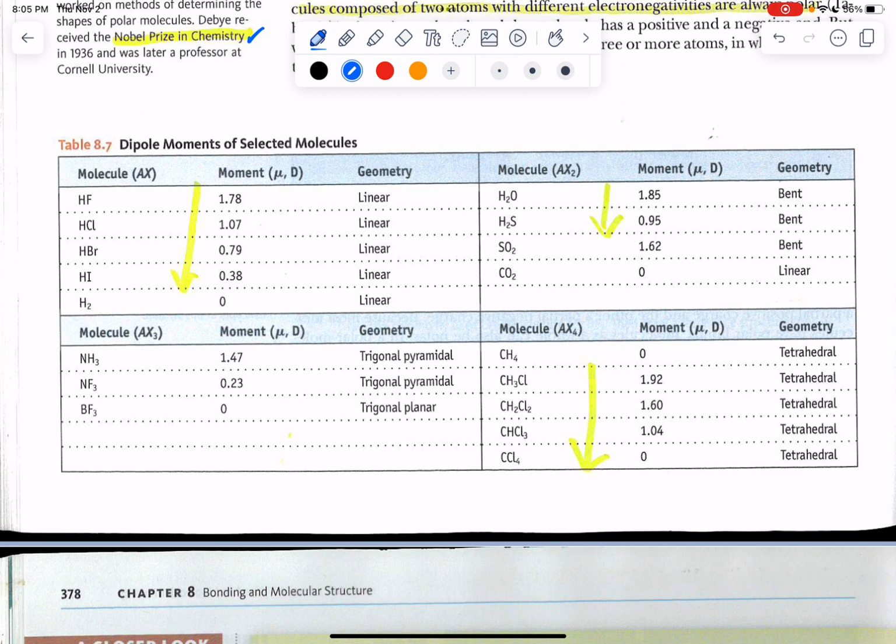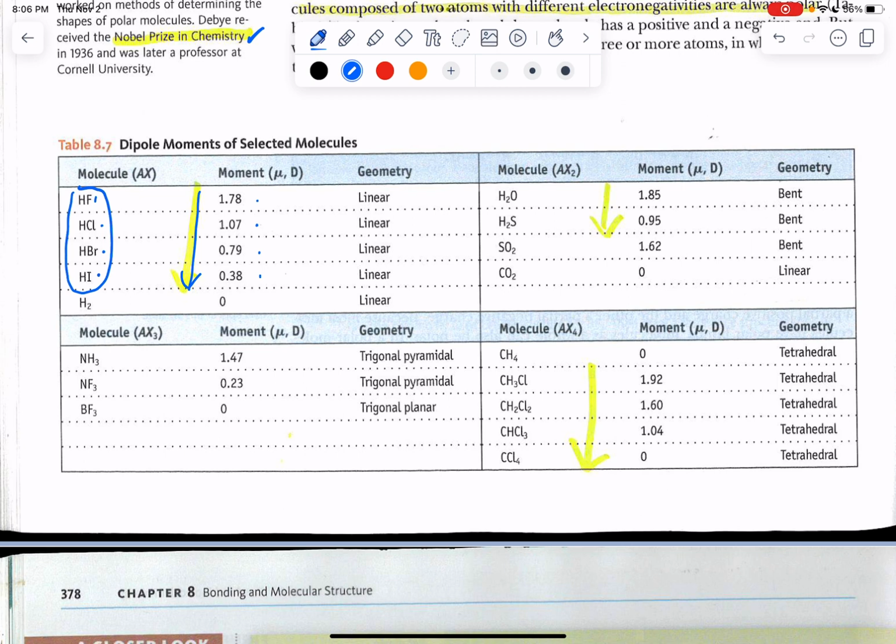For example, in this group right here, we have the halogens, fluorine, chlorine, bromine, and iodine, going down the periodic table. And you can see that as you go down the periodic table, the number of debyes, or the extent of the dipole moment, gets less and less. This, of course, is because as you go down the periodic table, your valence electrons on the outside are farther and farther away from the nucleus, and so the dipole moment isn't anywhere near as intense or strong.